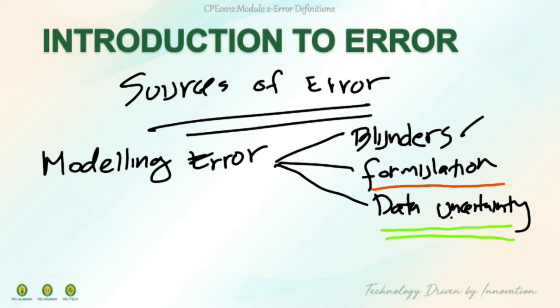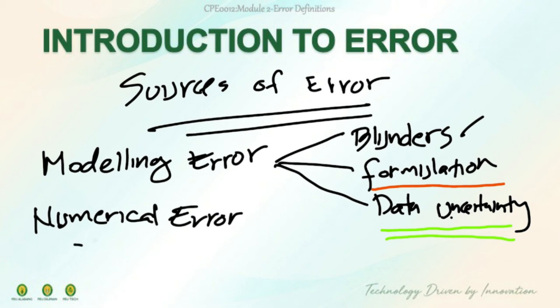Okay, so the next type of error we have is numerical error, and we're going to treat numerical error in different sections. One is truncation error, and we'll talk more about that later.